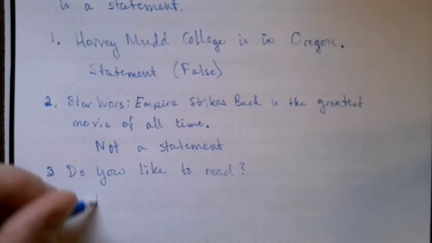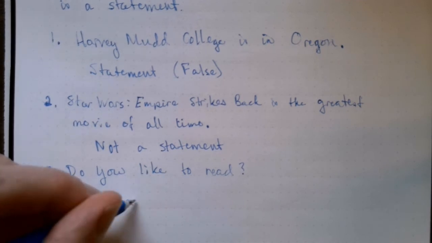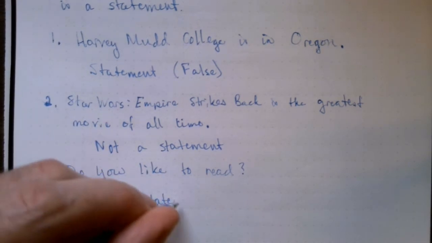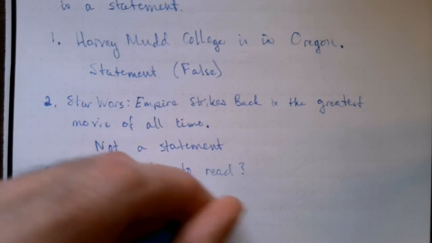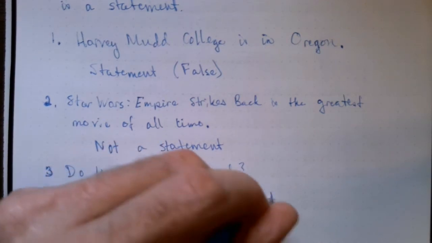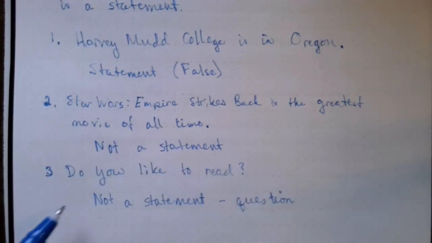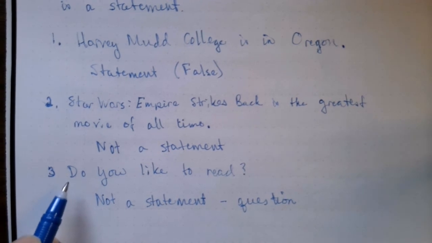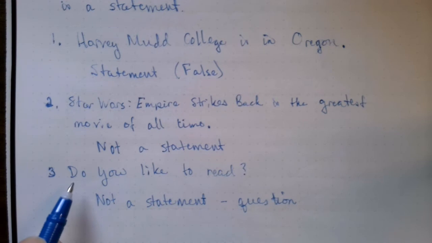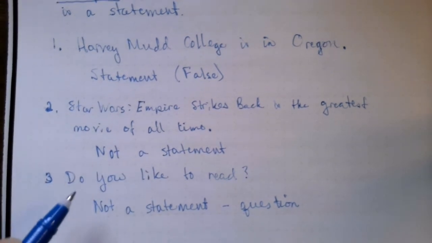Here, do you like to read? This is not a statement. That's a question. Okay? Now, you could answer the question, you could say yes or no, okay, but that doesn't make this a statement. Okay?